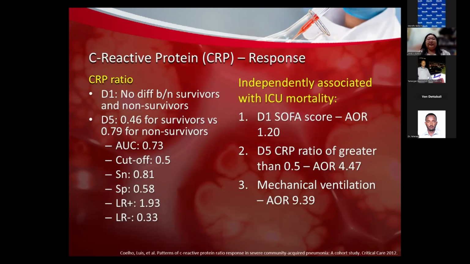So by day 5, concentration above 0.5 of the initial level was a marker of poor outcome, with sensitivity, specificity, and likelihood ratio shown in the slide. Only 3 variables were noted to be independently associated with ICU mortality, namely day 1 SOFA score, day 5 CRP ratio of greater than 0.5, and mechanical ventilation.